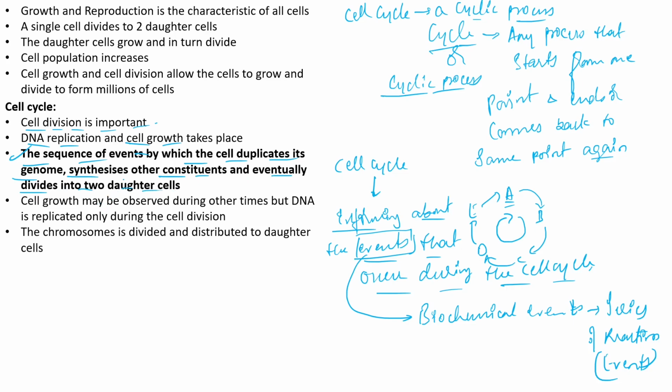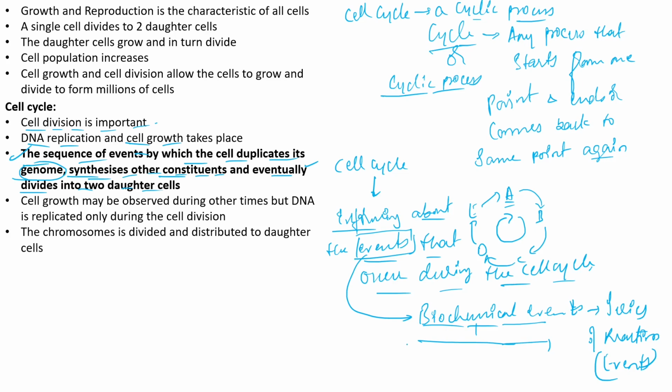If you observe this statement, we have mentioned the biochemical events occurring in the cell cycle: duplication of the genome, synthesis of other constituents required for cell division, and finally the cell division process itself.